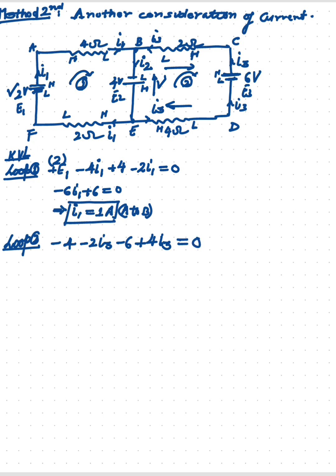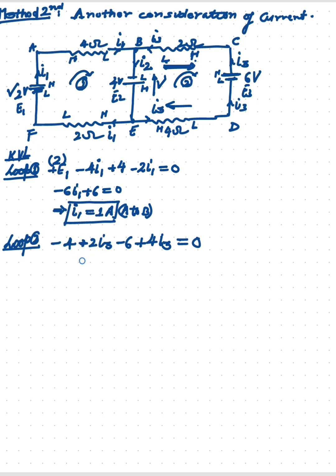So what we are getting here, let me check again. 4 volt battery, low to high, sorry, high to low, so negative, and here we are going low to high, so it should be positive, 2I3. Our path is this, and in this path we are traversing low to high, that's why it will be positive.